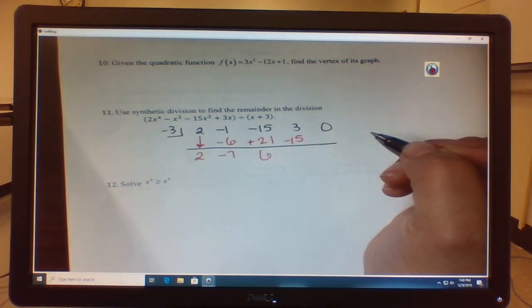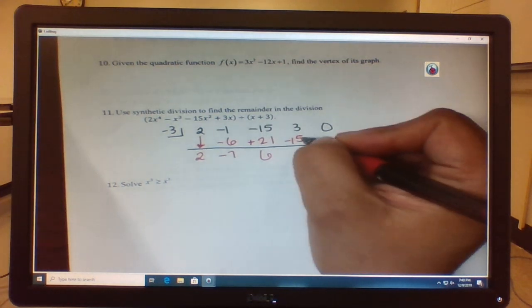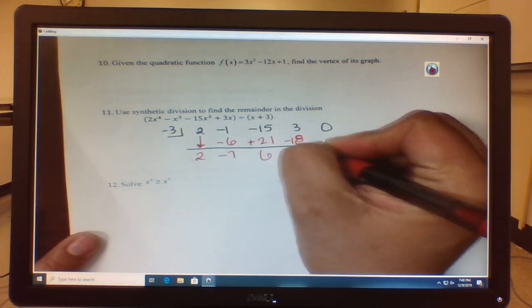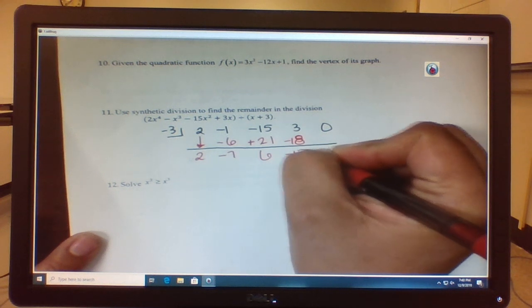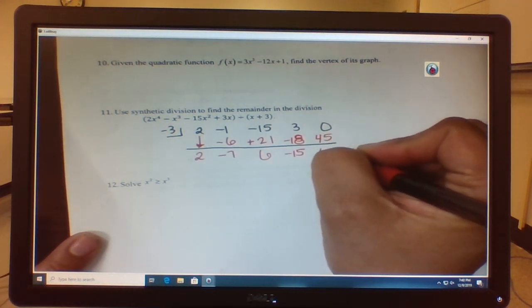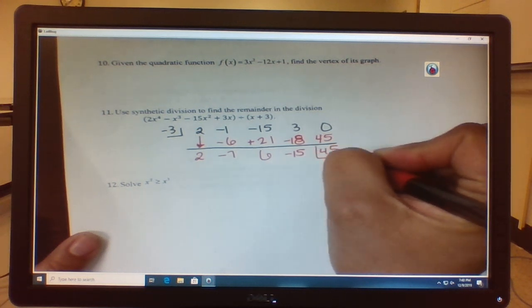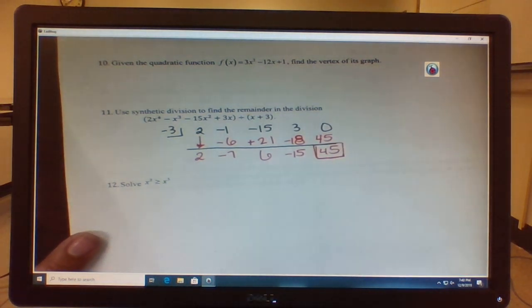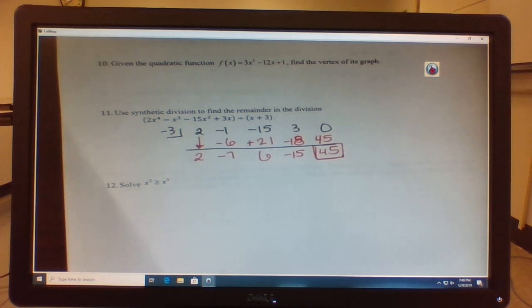Are you sure it's negative 15? Sorry, negative 18. 18 right there. Negative 15 here, and then this is a 45. And the question here is just asking for the remainder. So that would be your answer. So you should just say 45, or is there a certain way you have to write it? No, and remember it's multiple choice. Okay. So there'll be a 45 there.